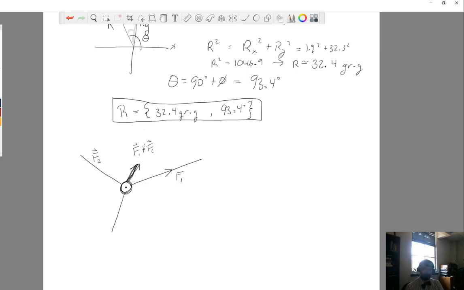Experimentally, how you can find this is that you're trying to balance the ring. And Newton's first law says that if you add all the forces on an object and they add to 0, then the object is not accelerating. You're balanced. So this right here has to be the negative of F1 plus F2 in order for this ring to be balanced.